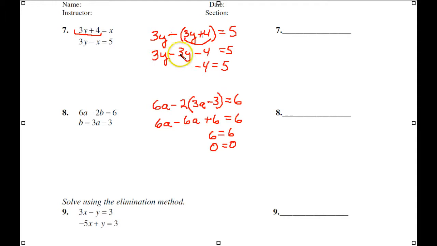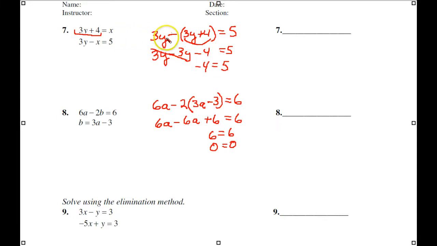So this becomes a negative 3. This becomes a negative 4. Now notice what happens. These cancel out. And I'm left with a negative 4 equals 5. Is this a true statement? And the answer is no, that's not true.